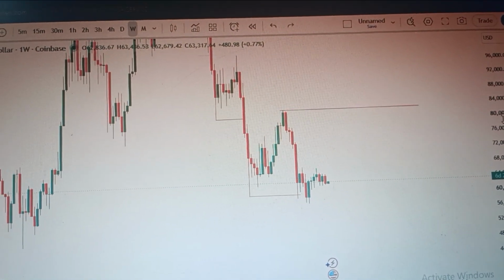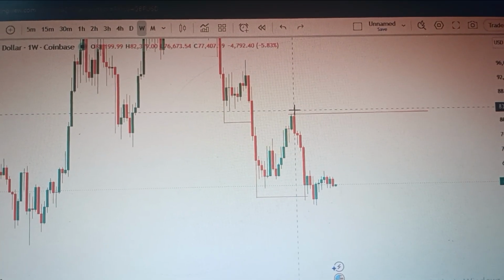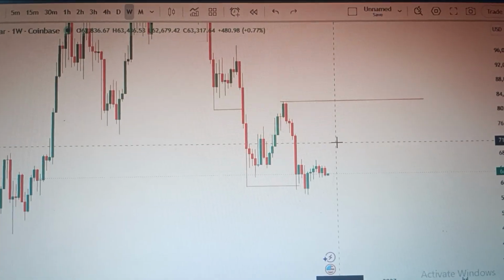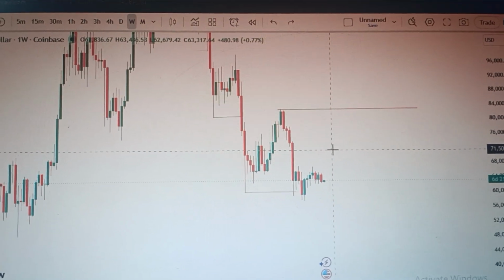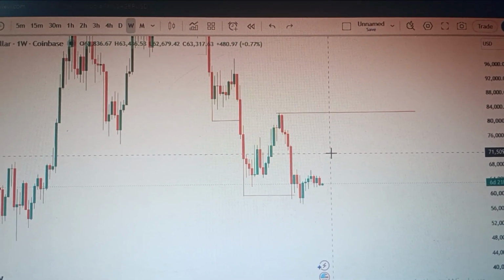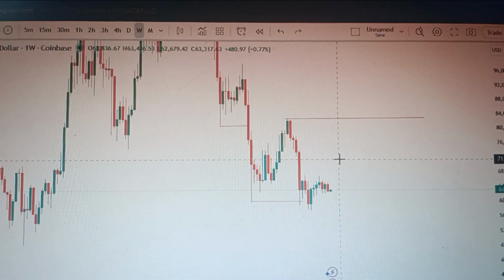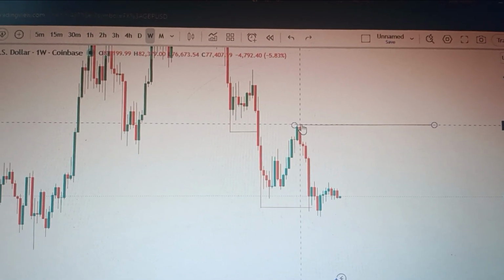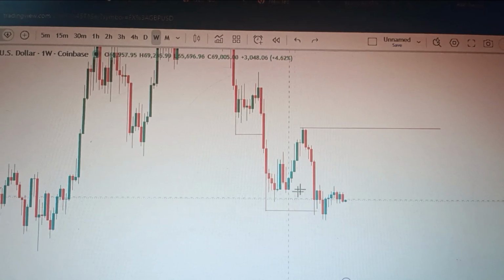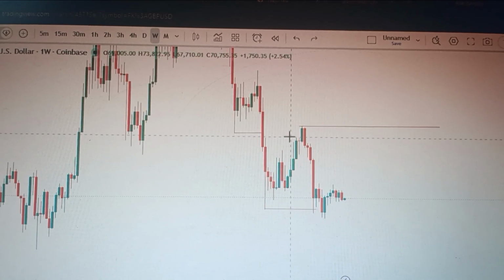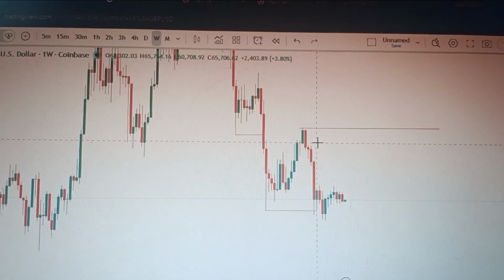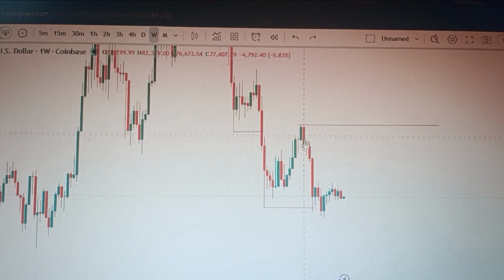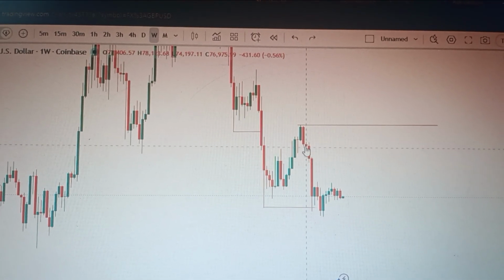I want you to take your time, watch the video. And this was the high that led to the break of this structure. Now, I don't really know if I've emphasized this in my previous video, but when analyzing, it is very important for you to know that this is the weekly time frame. In the weekly time frame, it takes 5 days of price action to make a weekly candle.